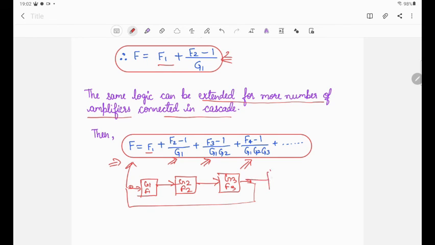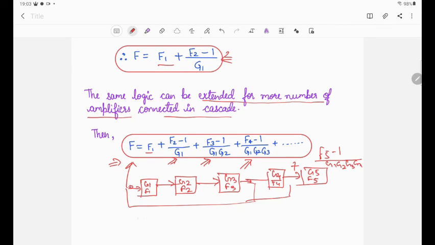If more stages are there, let's say G4 and F4, the next term will come here for the fourth stage. The next stage has gain G5 and noise factor F5, and its term will contribute F5 minus 1 divided by G1 G2 G3 G4.